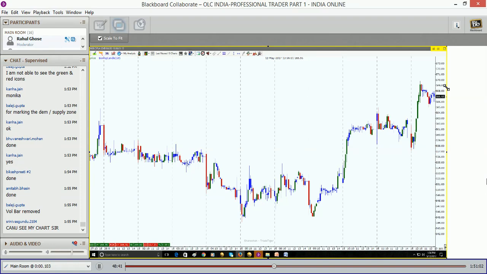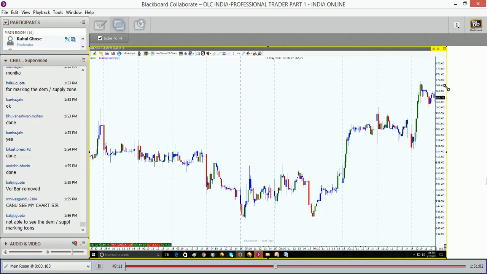Srinivas, let's have a look at your chart. Srinivas, you haven't logged into Trade Tiger, I think. You haven't logged into the lab. Because I don't see you here in the lab. Bikash, let's have a look at yours.